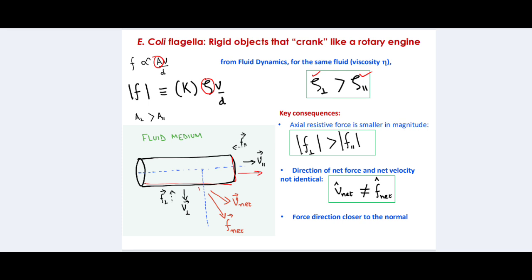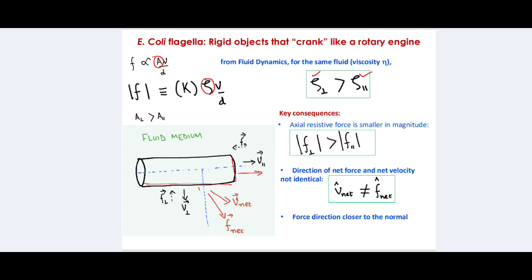Okay, again, so force direction is closer to the normal and your flagella is actually using this physics to work it out. So the velocity components, except those in the axial direction, can be shown to be cancelled out. So the result of this is there's a net propulsion in this direction by this crank movement.